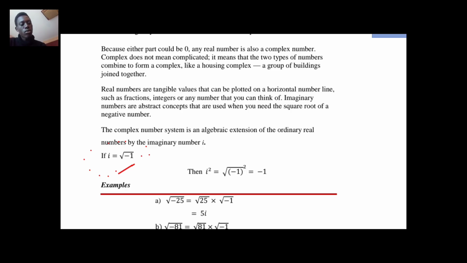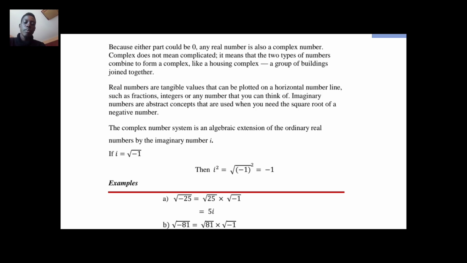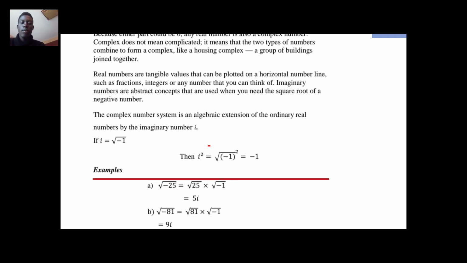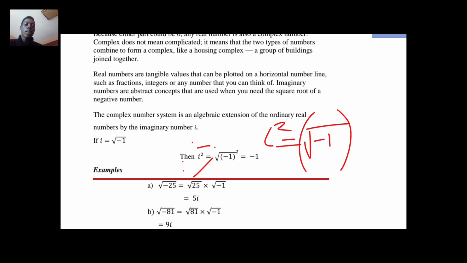If i is equal to root of negative 1, what about i squared? i squared is going to be equal to root of negative 1, squared. We bring the square up here, so the root cancels with the square outside. It remains as negative 1.